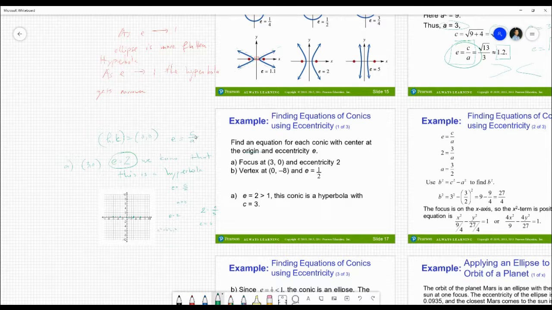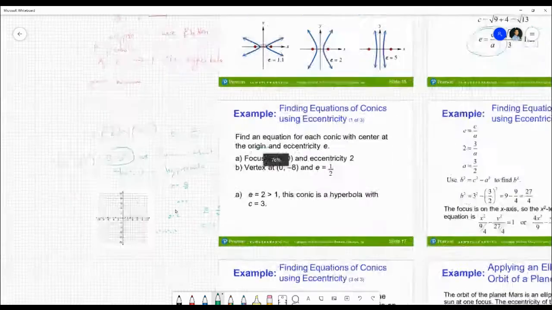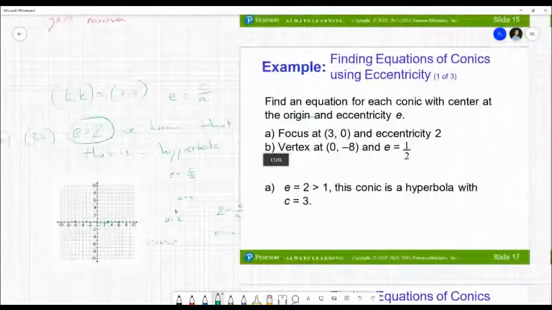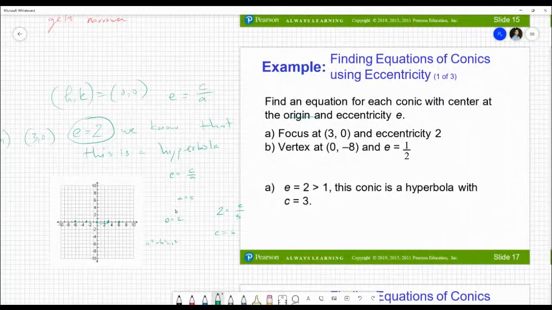Wait, hold on. Am I doing b? Oh, shoot, I'm doing a. Oops. The focus is at 3, 0. Oh, they're giving the focus, not the vertex. Sorry, I was reading it as the vertex. I mix up these two. Okay, so let's redraw that.